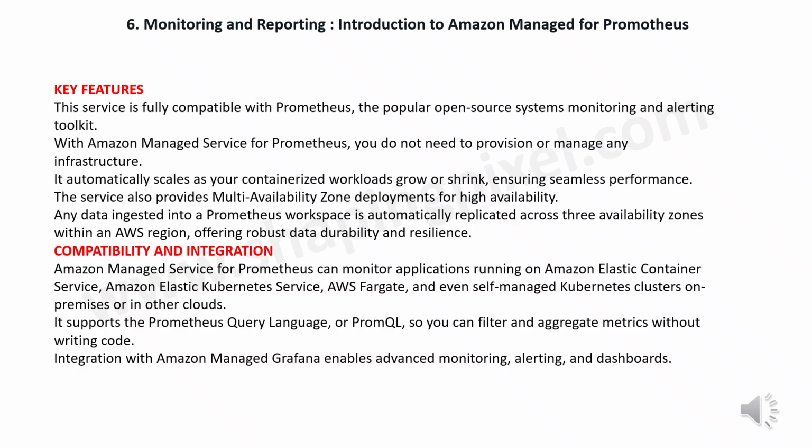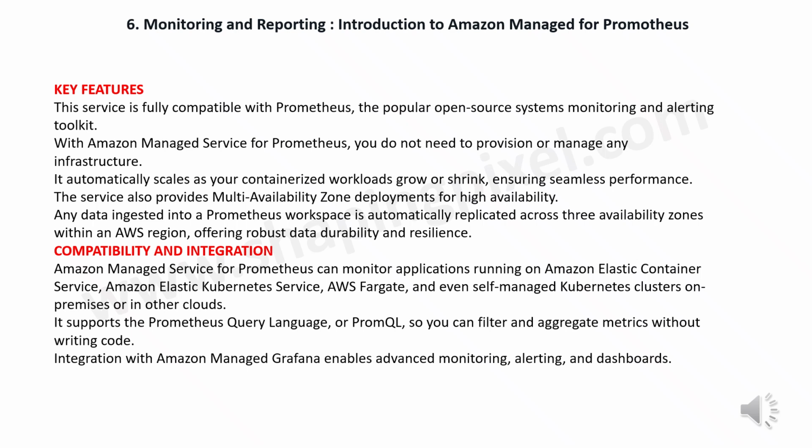Any data ingested into a Prometheus workspace is automatically replicated across 3 availability zones within an AWS region, offering robust data durability and resilience. Amazon Managed Service for Prometheus can monitor applications running on Amazon Elastic Container Service, Amazon Elastic Kubernetes Service, AWS Fargate, and even self-managed Kubernetes clusters on premises or in other clouds.